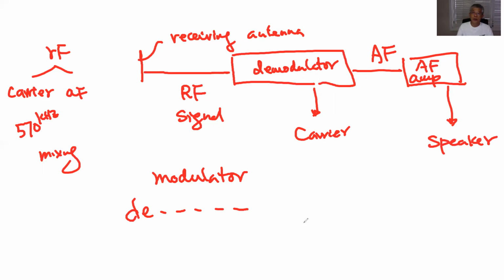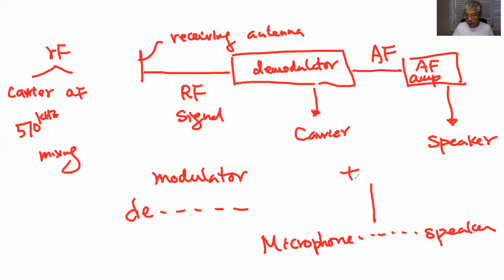So that's how you go from the microphone to the speaker. In between here you have the transmitter that transmits out the E field and the B field, going out at the speed of light.